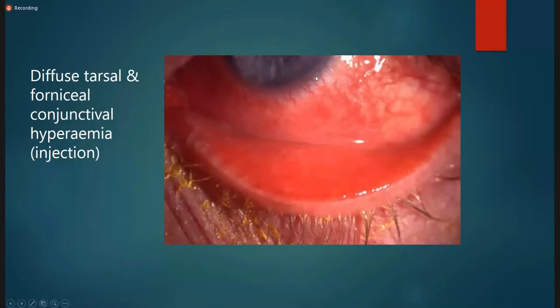Remember, bulbar conjunctiva, which covers the white of the eyeball, and palpebral conjunctiva, which lines the inner surface of the upper lid and lower lid. In between, the transition zone lies the fornix, the gap, known as fornicial conjunctiva. So you can see here diffuse palpebral, tarsal and fornicial conjunctival hyperemia, or redness, or injection, or congestion. These words are all the same.